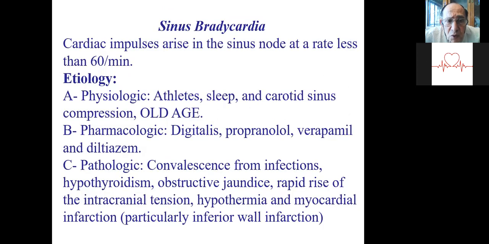Sinus bradycardia causes are also physiologic, pharmacologic, and pathologic. Physiologic: athletes, old age, carotid compression, and sleep all cause bradycardia. I used to have a heart rate below 60, even though I am not so athletic, and at old age like me, I have a heart rate below 60.